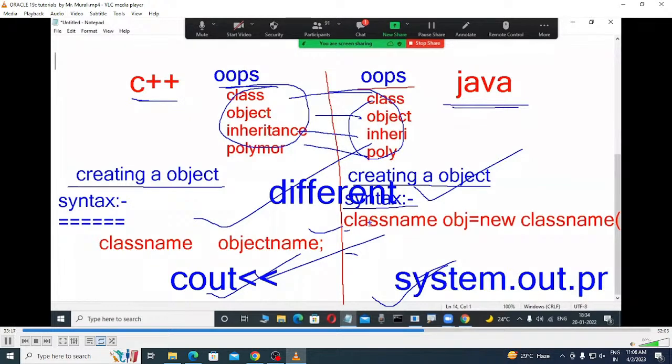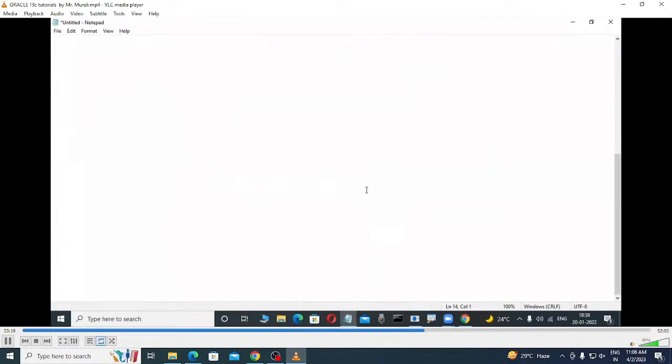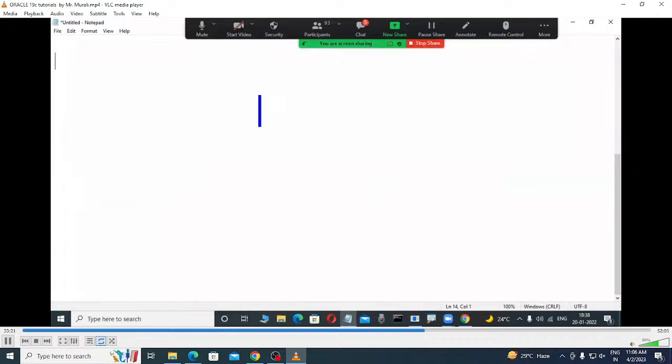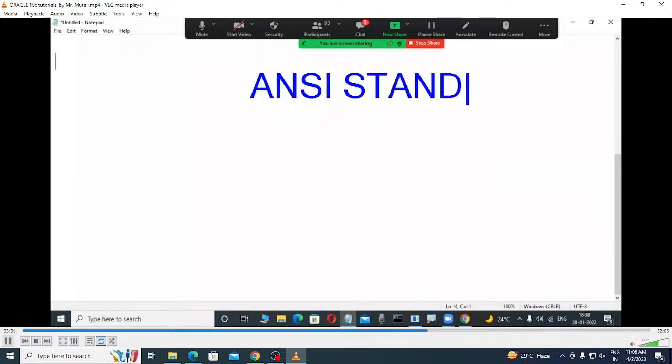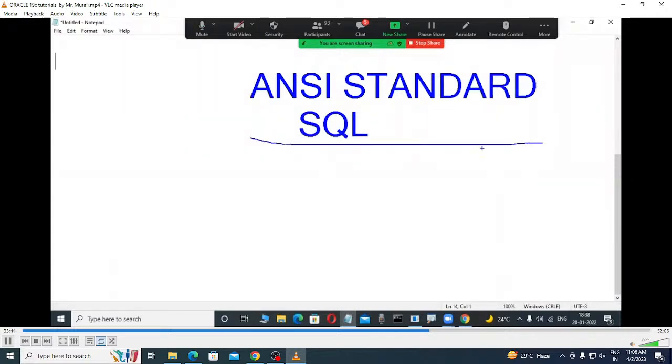Same here, observe. SQL is an ANSI standard language. ANSI, the American National Standards Institute, defines some standards for the SQL language. This ANSI standard language is used to operate all the relational databases.